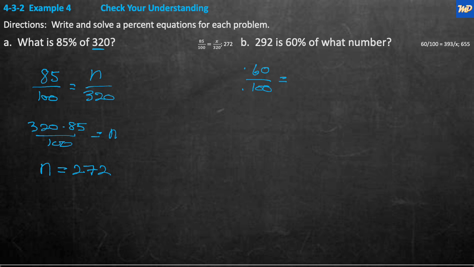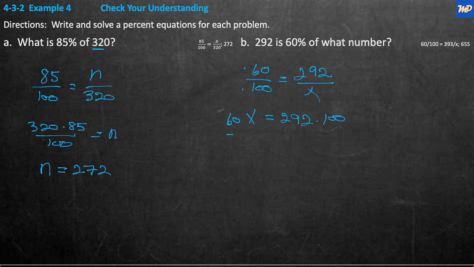They want the whole number. So now we're going to write 92 here, and we're going to divide it by x. Okay? So now we're going to cross multiply, and it's going to give us x. I'll do the math. So it's going to be 60x, okay? The x cancels here, is equal to 92 times 100.